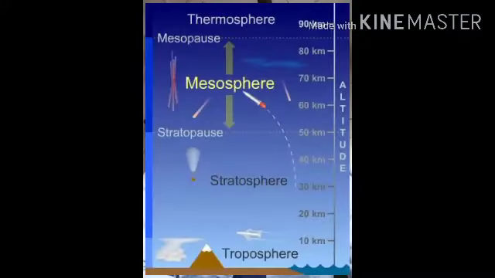Okay, next is the mesosphere. This is the third layer of the atmosphere and it extends up to 80 kilometers. The meteorites, you can say all the asteroids that strike between them, and some part of that falls down toward the earth.